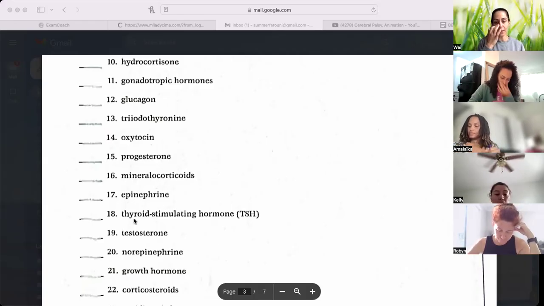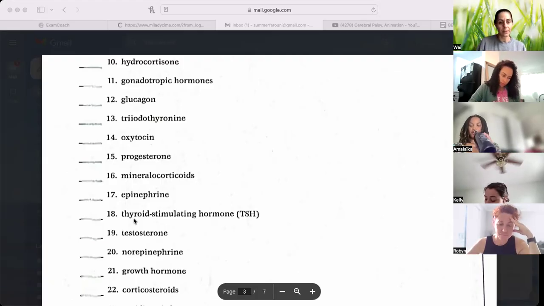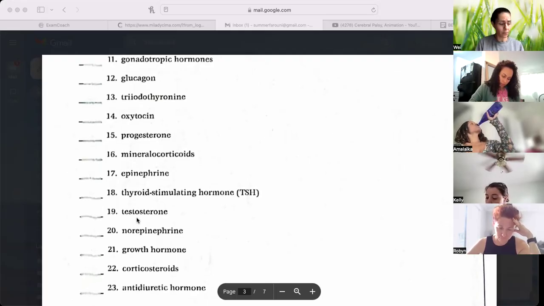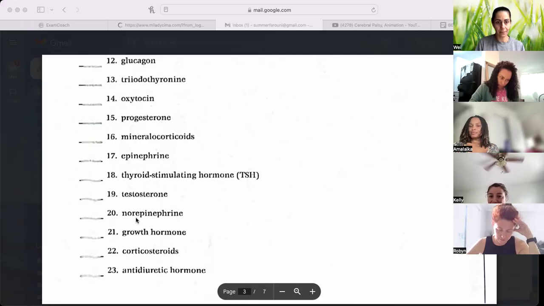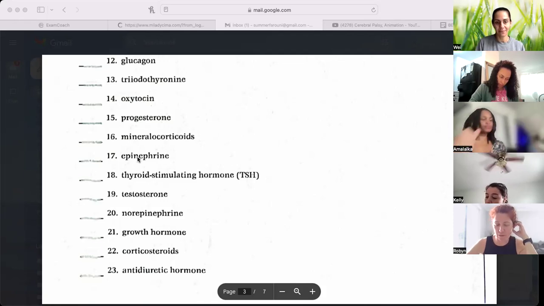Thyroid stimulating hormone, TSH. C, anterior pituitary. Correct. Testosterone. F, testes. Yes. Norepinephrine is the adrenal gland medulla.